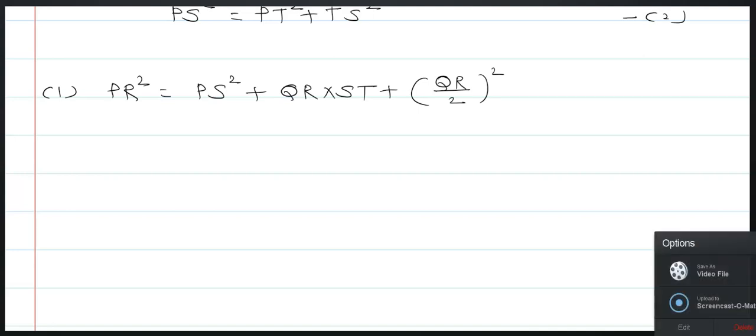Now what is our first result? Our first result is PR square is equal to PS square plus 2 times QR into ST plus QR upon 2 bracket square. Now here we are considering the PR square. Now PR is the side opposite to the obtuse angle.